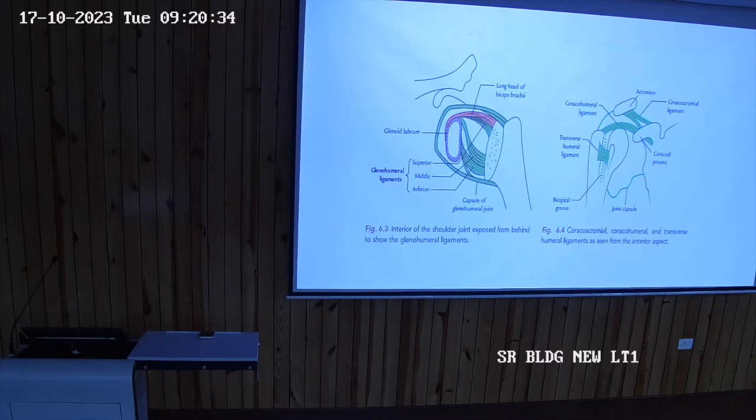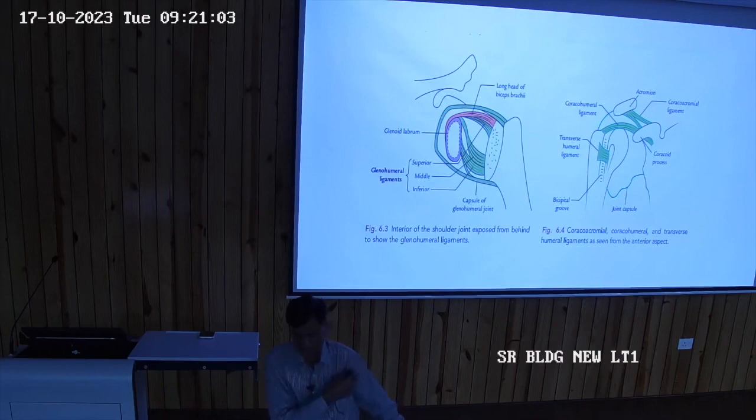And this is attachment on the medial side. On the lateral side, this fibrous sheet is surrounding the head of humerus. I hope you all know the anatomical neck of the humerus. Surrounding the anatomical neck of the humerus, and the tubercle of the head of humerus on the lateral side.